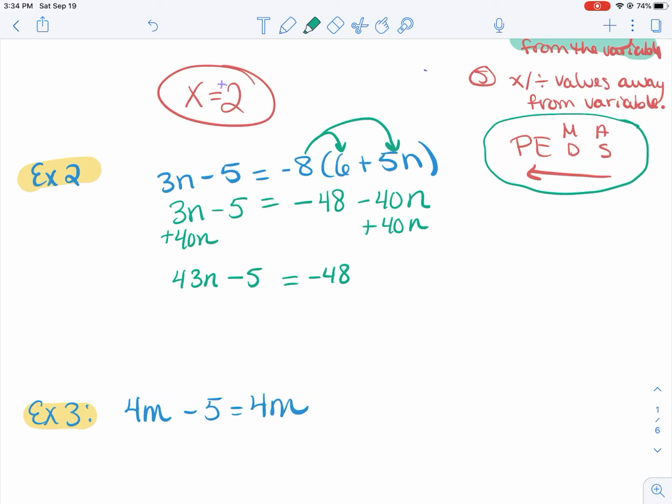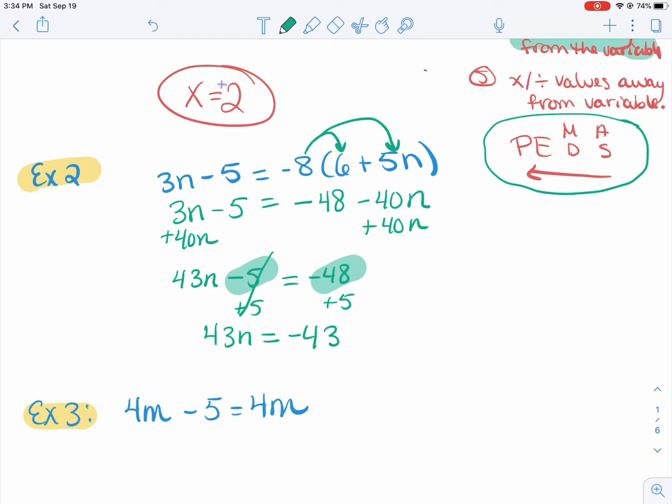Well, I still have like terms on opposite sides. I have negative 5 and negative 48. Those are both constants. So again, I'm going to do the opposite. If I have a minus 5, I need to add 5, and I'm moving it away from the variable, okay? So I'm adding and subtracting constants to isolate the variable. So 43n, now those cancel, is equal to negative 43.